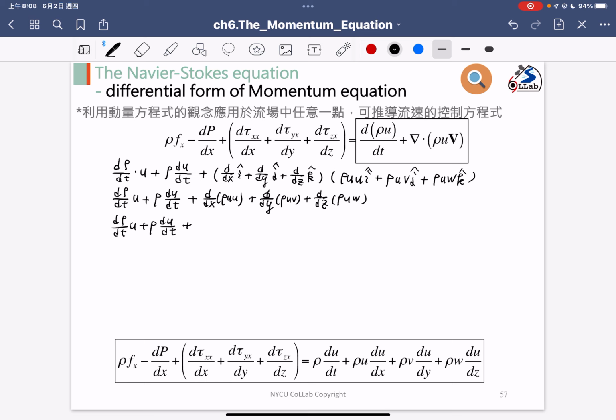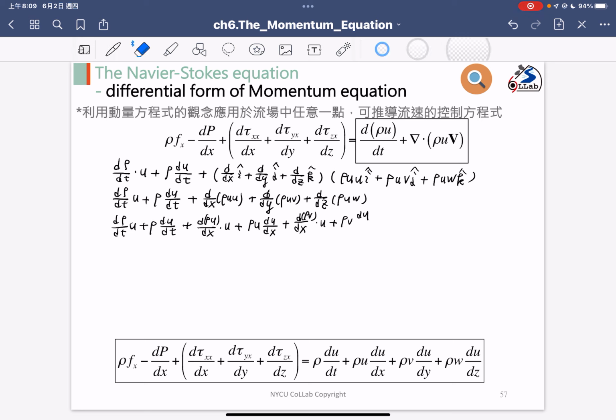So what do we have? First we have d/dx of ρu, multiplied by u, plus ρu times du/dx. And plus again d/dx, but here we have ρv, multiplied by u, plus ρv times du.